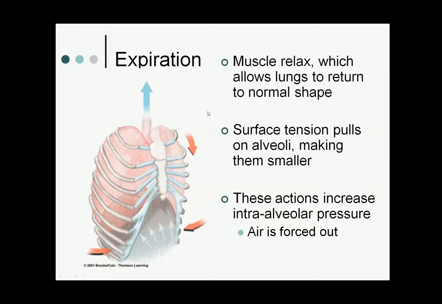Pretty simple. So the muscles relax, intercostal muscles, also the diaphragm, and something else that's happening at the microscopic level is the surface tension at the alveoli is actually decreasing their size, and so air, even at that smallest level, is coming out.